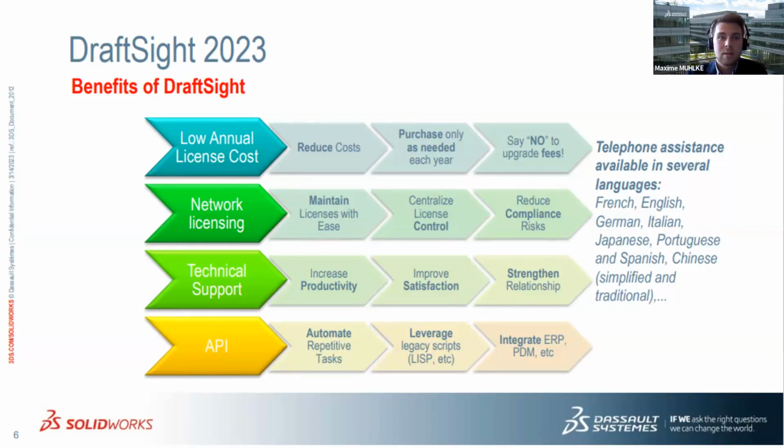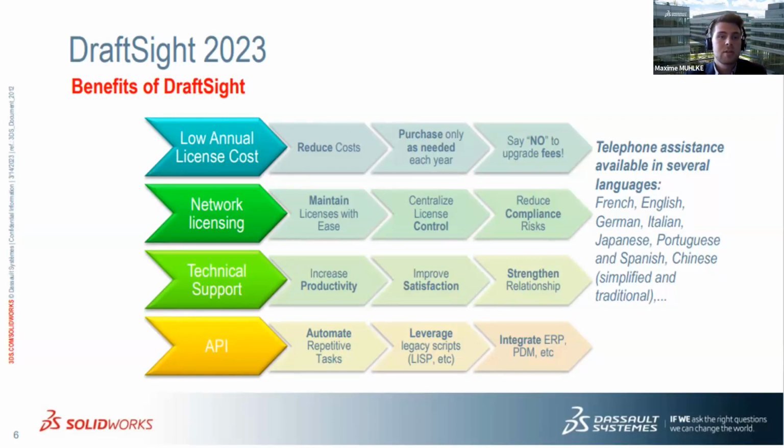So it's an amazing opportunity for you to leverage your investments and also reallocate a part of this budget into a more valuable solution, just like the simulation that we saw before.